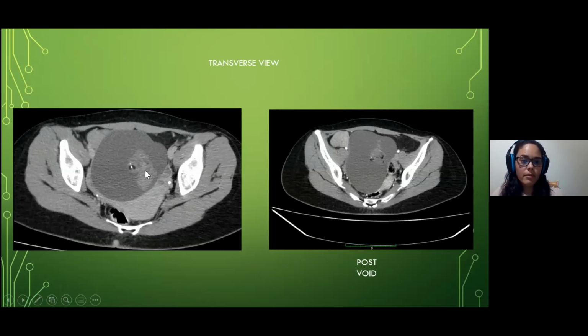It was mostly composed of fat, and obviously this is fluid, right? But then there was a little calcification there as well. So a complex mass with different tissues going on there. This one is post-void. So we told her to go pee, because that would help us differentiate the mass better, right?